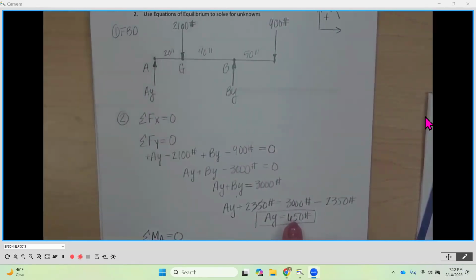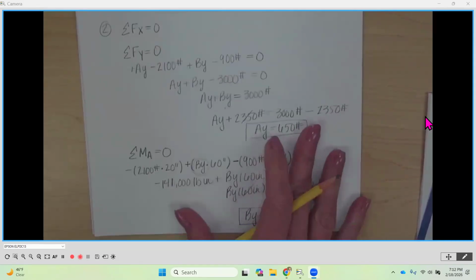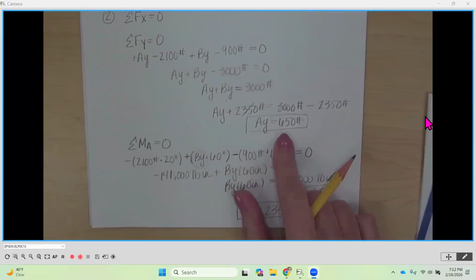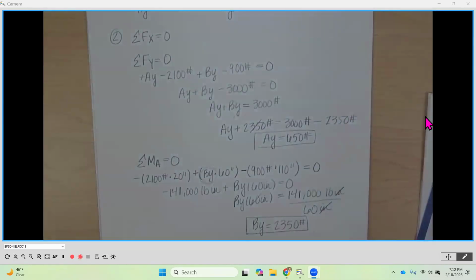There'll be a couple of examples as we go through here that I already have figured out where we're definitely going to do that. But that's a very important point. Your final answer being positive confirms the direction you assumed. Yes, these forces were assumed up, and they're positive as their final answer because I assumed the correct direction.